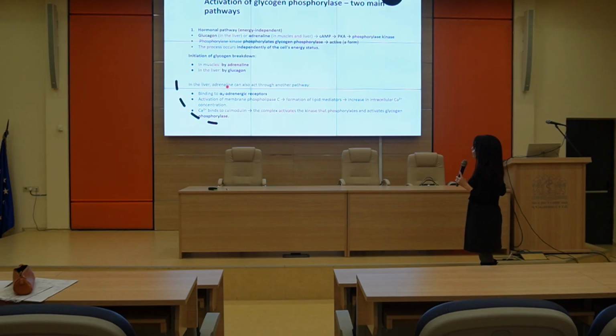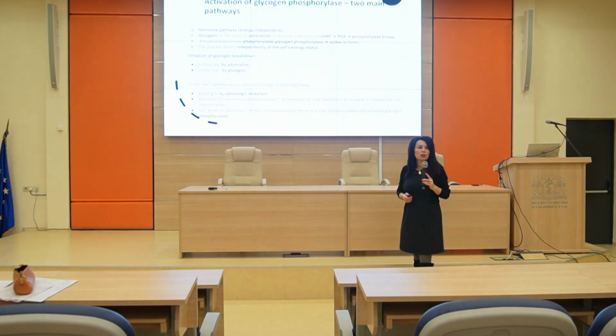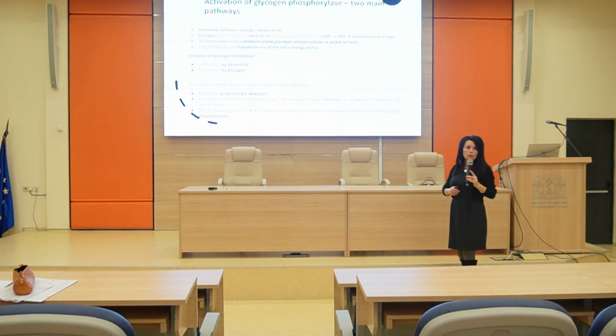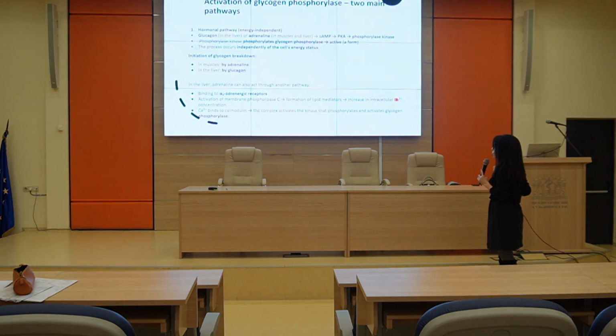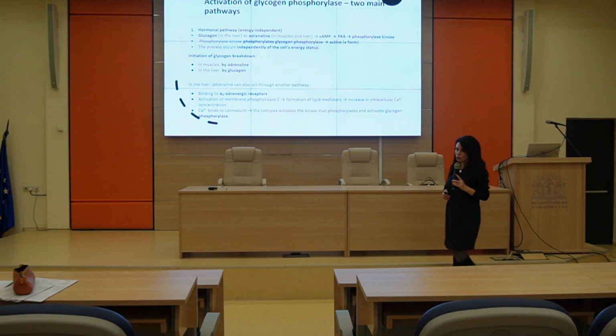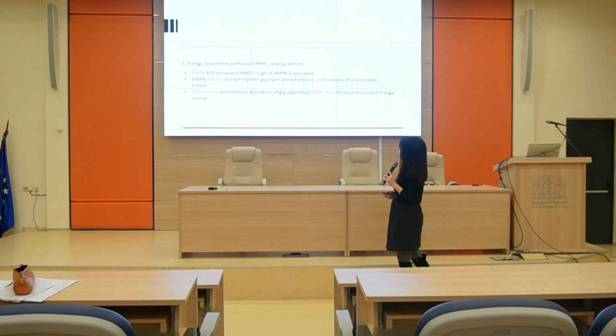But there is one more pathway in the liver from adrenaline, which is binding to the alpha-2 adrenergic receptor and activation of another pathway, not protein kinase A. This pathway is the phospholipase C pathway, with the formation of lipid mediators and increasing of intracellular calcium concentration and so on. You will see this when we talk about signal transduction pathways.